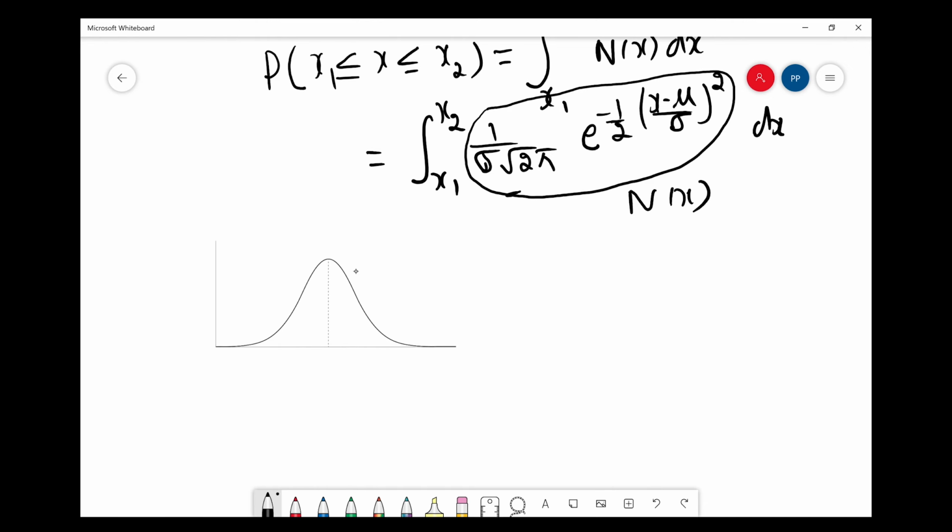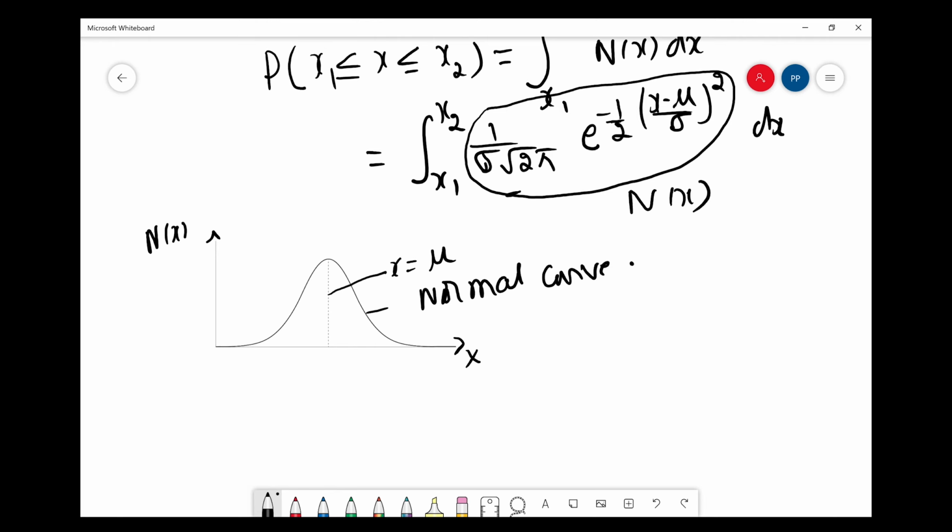This is the x-axis, and this is the N of x axis, or y-axis. The curve is symmetric about the line x equals mu.